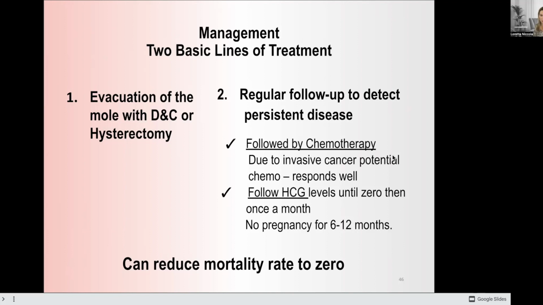So we'll start doing it once a month after it comes back down to 0. We keep following it once a month up to 6 to 12 months. And so she can't get pregnant. Her education is you cannot get pregnant during this time because the HCG will go up again for pregnancy. And that's how we're following this, by the HCG level.